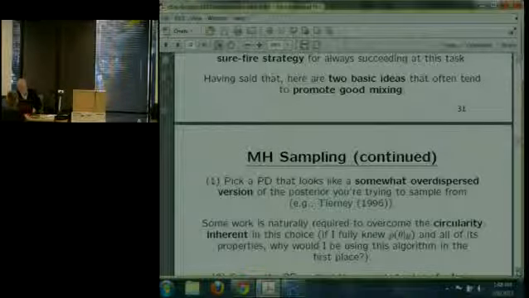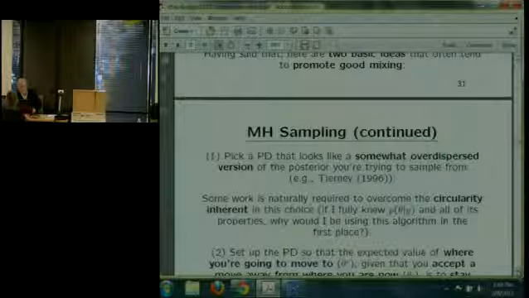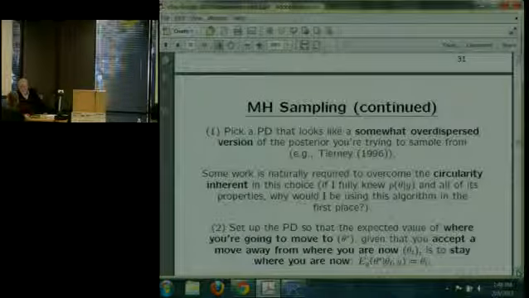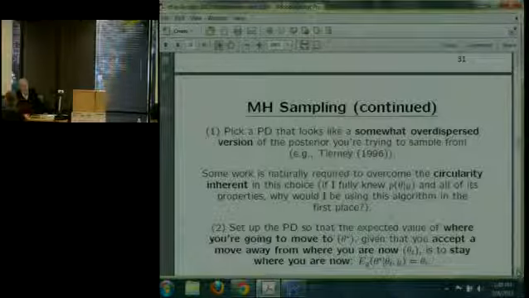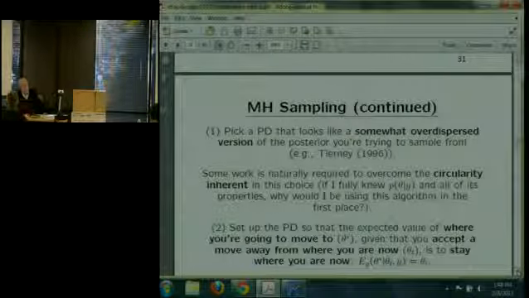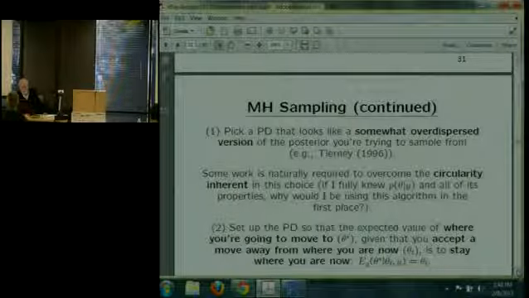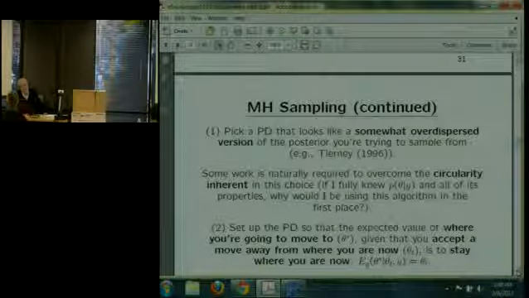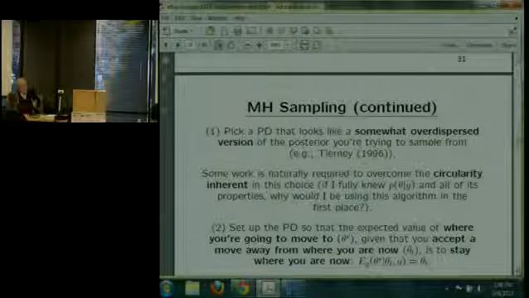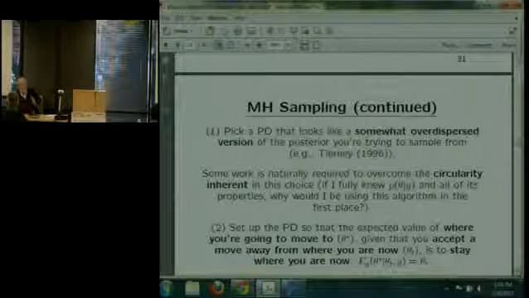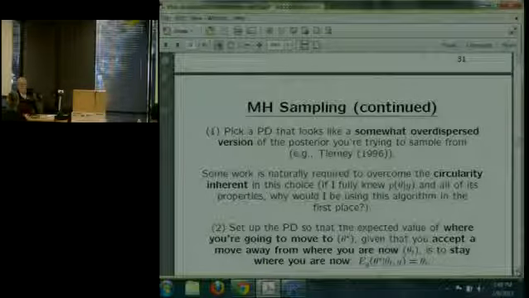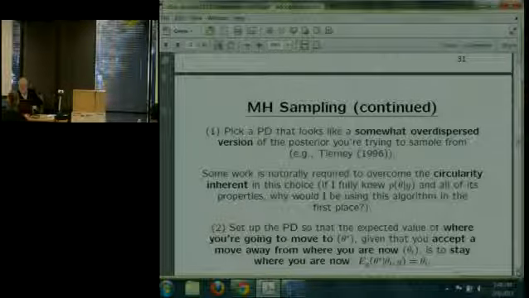And then the second one is to try to set up the proposal distribution so that the expected value of where you're going to move to next, given that you accept a move away from where you are now, is to stay where you are now on average. In other words, you expect to stay where you are, and that means that you'll be forced sometimes to move to the left of where you are and sometimes to the right, and that'll create good mixing.